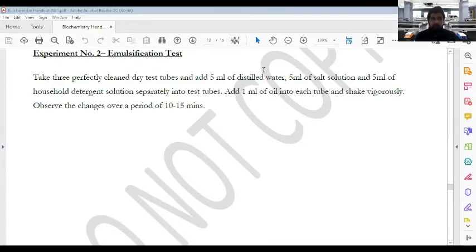Milk contains fat as well as water. If you keep milk for a longer period of time, you can see two layers clearly, but in natural milk you cannot clearly identify two layers. It contains lipids as well as water, so it's a natural emulsion.